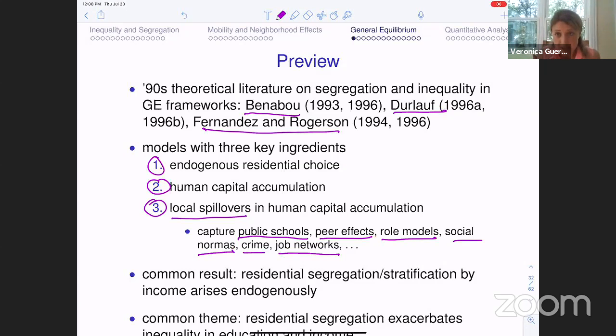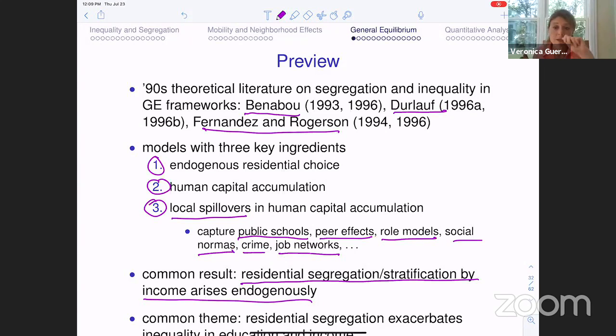In any case, whatever it is, if there is some local spillover in human capital accumulation, endogenous residential choice, and human capital accumulation, then in all these papers you are going to get some form of residential segregation, or stratification as some of these papers call it, by income, that naturally arises because of this local spillover effect. The general equilibrium price that generates this segregation may be different in each paper.